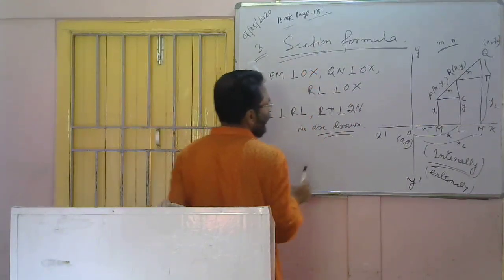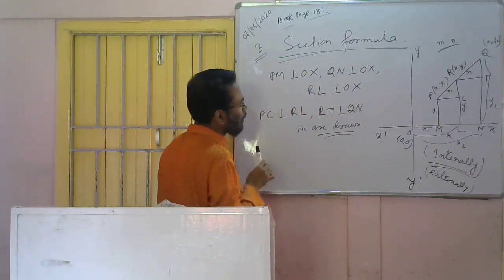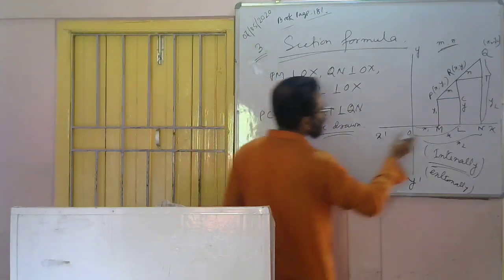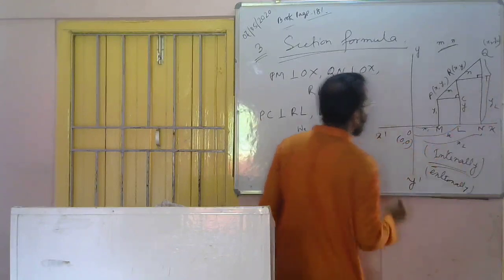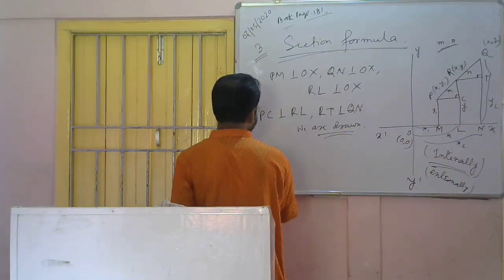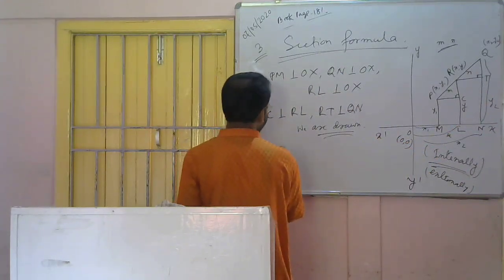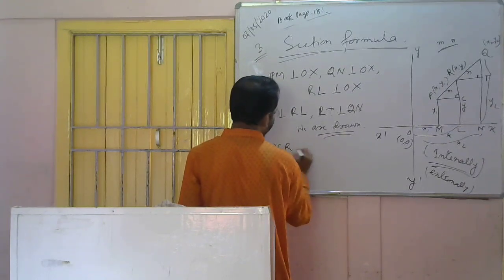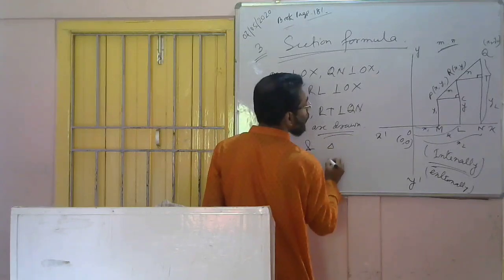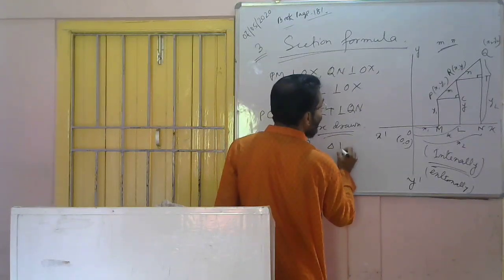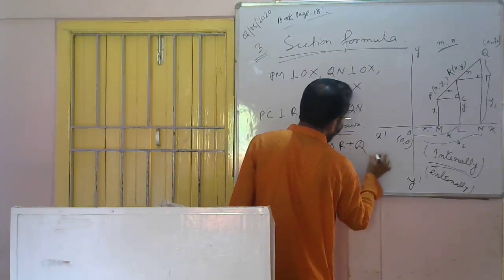Now you see here two triangles. This one is one triangle, this one is another triangle. So we are getting triangle PCR and triangle RTQ.